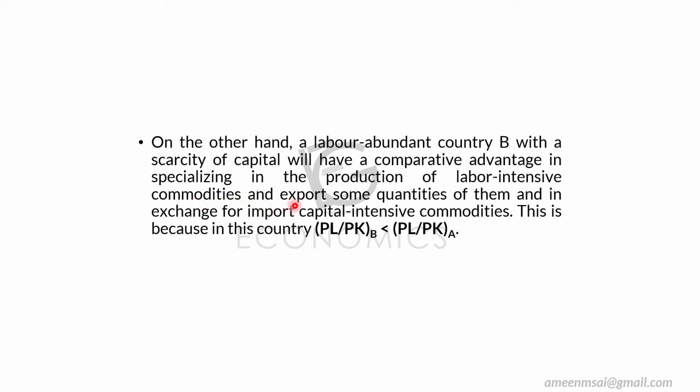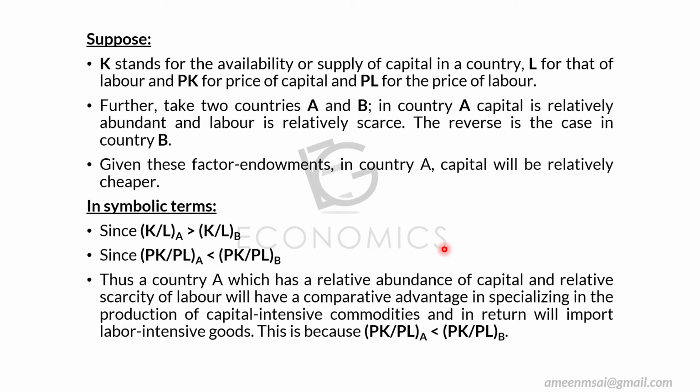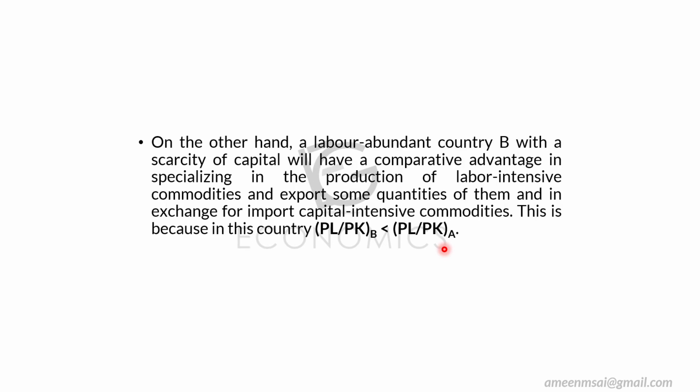And as they have an advantage, they will export some quantities of labor intensive commodities to the other country, and in exchange they will import capital intensive goods because capital is very scarce in their country. This is because PL by PK, price of labor by price of capital, in country B is less than PL by PK in country A. So hope that this symbolic explanation using the equation is clear to you.